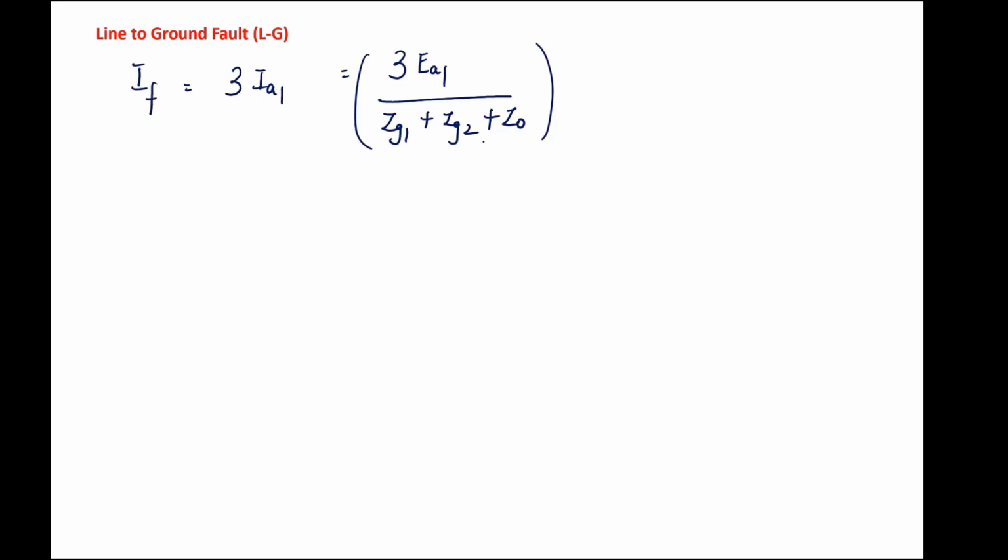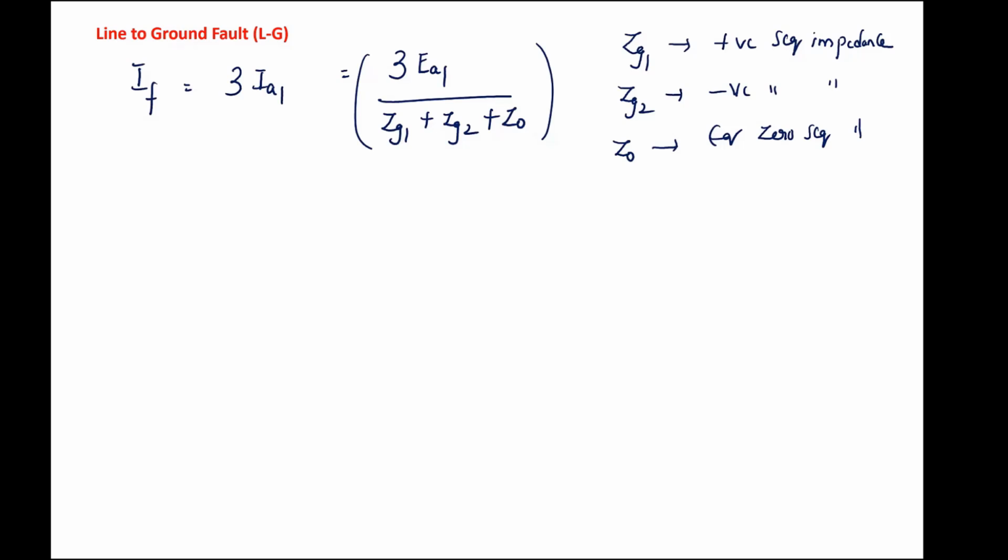Understand? Where ZG1 is the positive sequence impedance of the alternator, ZG2 is the negative sequence impedance of the alternator, and Z0 is the equivalent zero sequence impedance of the alternator. Likewise, you can calculate the fault current.